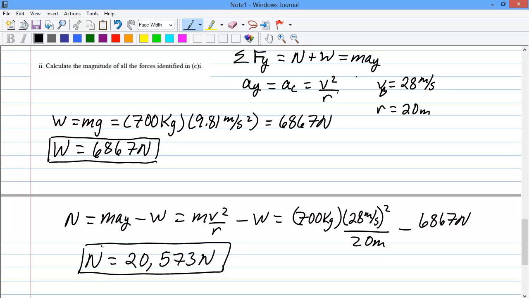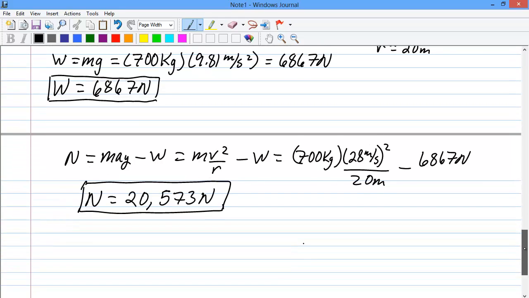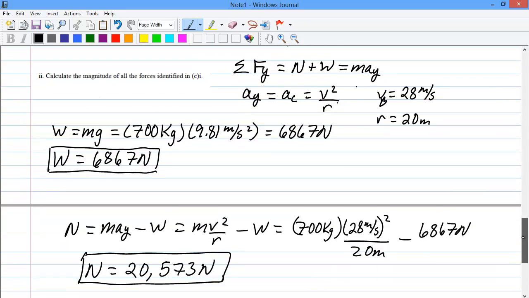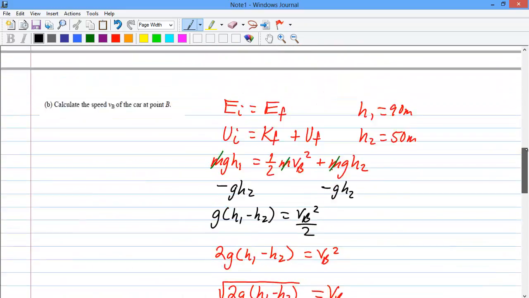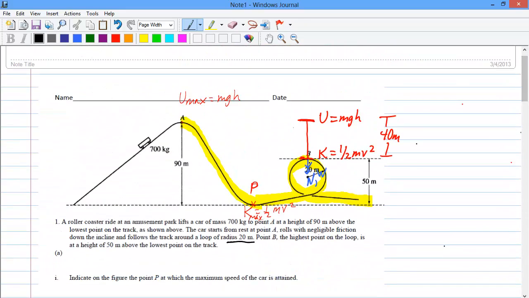So we can see here that the roller coaster rail actually has to push off quite a bit to keep the roller coaster going in a circle. And that makes sense because if N were close to 0 or at 0, that would mean there would be no normal force pushing right here, and there would only be weight. So it might not have enough centripetal force to keep it in a circle, and it would just fall.